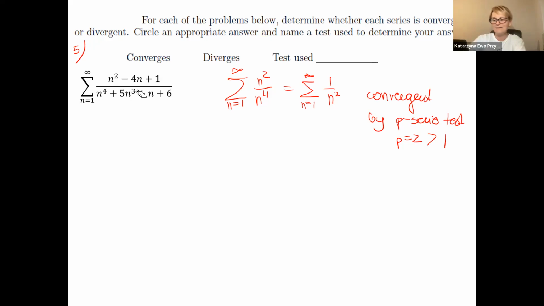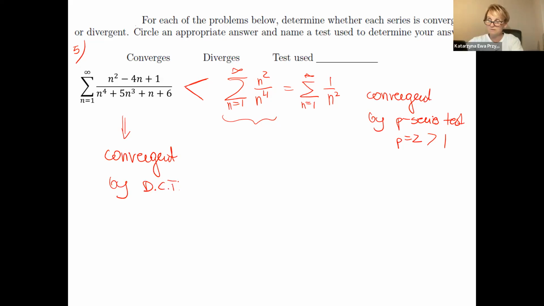Let's see, we adding something to the denominator. If the denominator is greater, the whole fraction is smaller. And we adding this one, but you can see just add 1 doesn't really make the fraction bigger. That means this fraction is definitely smaller. Okay, that means if this is a finite number, everything what is smaller has to be the finite number. So we can say it's convergent, yes, by direct comparison test.